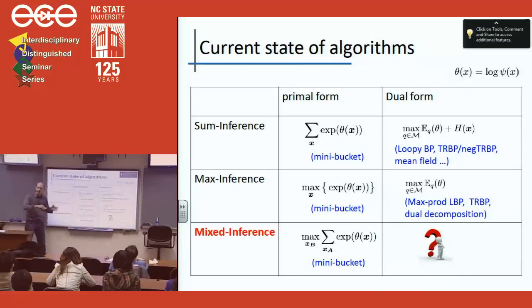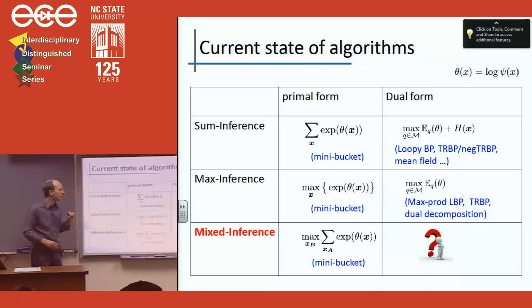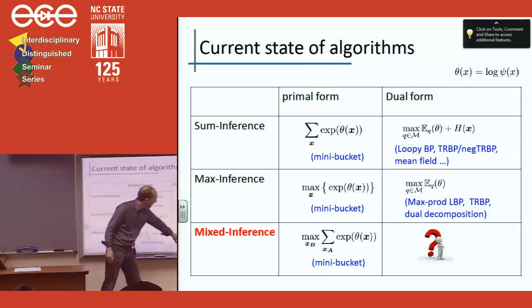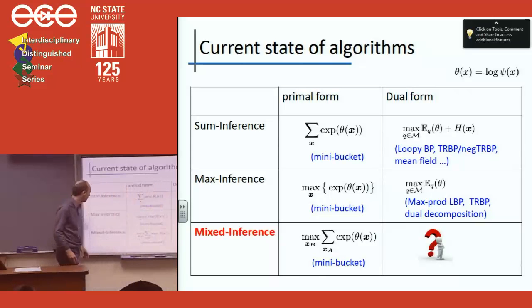So if you see theta, you can just think log psi, or vice versa. This primal form, the original elimination form, is very straightforward to write down for all of these problems. And each of the two well-studied ones have nice dual forms for variational inference. So one obvious question, the way I've framed it, is what is the right variational form for these kinds of mixed queries?